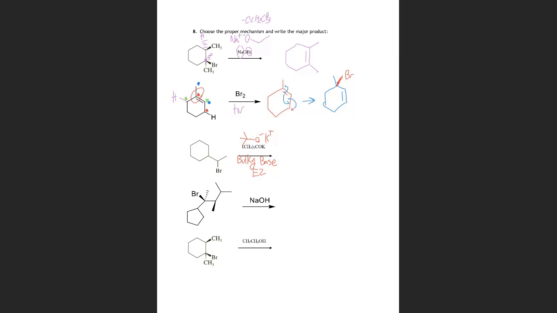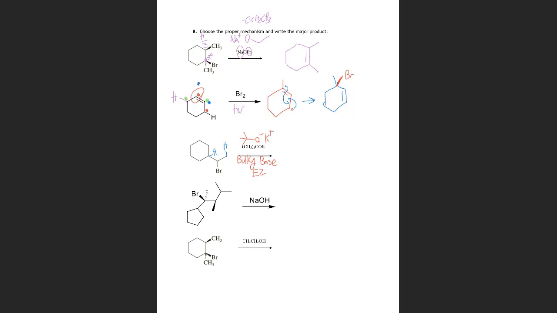E2. What's special about the bulkiness of the base, though? Y'all remember? That was part of my lecture slides. Someone said Hoffman. That is correct. So we have two options for our hydrogen. Our neighboring hydrogens are here.